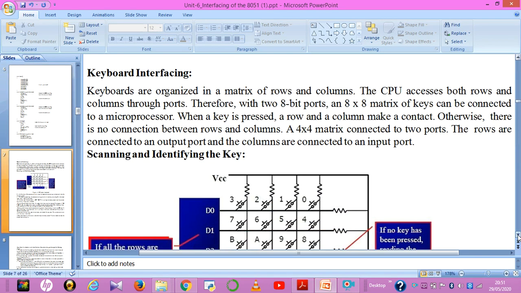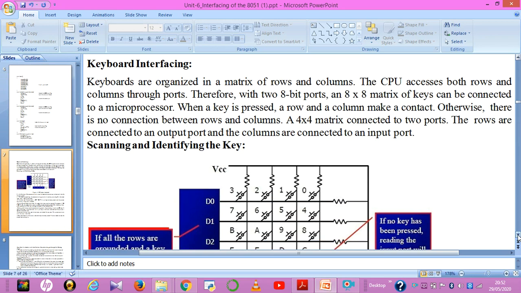Next, we'll go for keyboard interfacing. So this is a keyboard. As you have already seen, keyboards are organized in a matrix of rows and columns. The CPU accesses both rows and columns through ports. Therefore, with two 8-bit ports, an 8x8 matrix of keys can be connected to the microprocessor or microcontroller.